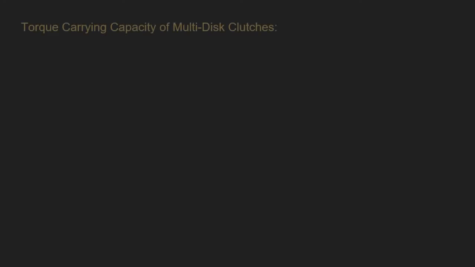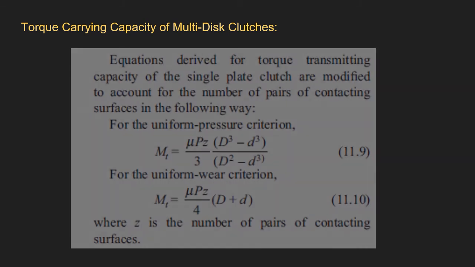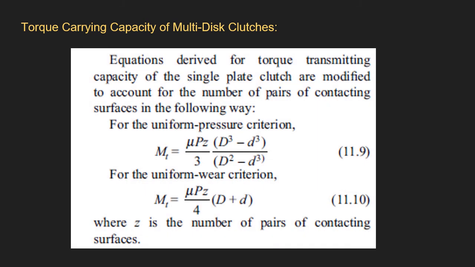Alright, so having known how a multi-disc plate will function, let us look at its torque carrying capacity. The formulas remain the same. The equations which we derived for the single plate friction clutch hold good here, except for one small change.